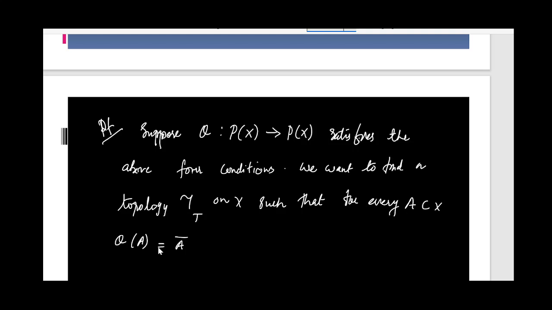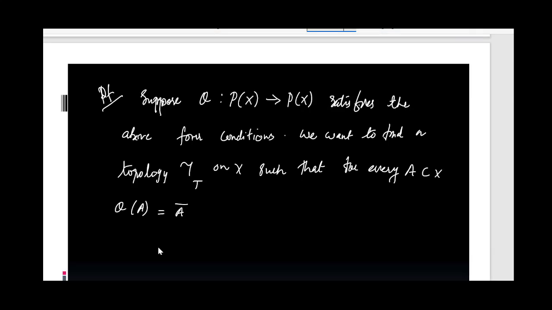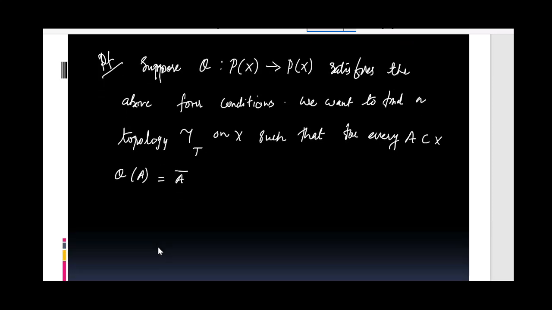So what we want to prove? We are supposing that we have got an operator theta satisfying the four conditions. Now we want to define a topology on X such that for every subset A, this theta operator coincides with a closure operator.